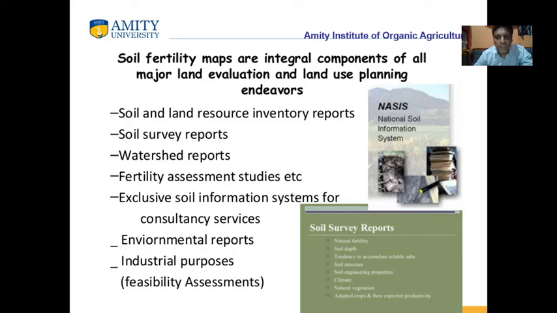So NASIS stands for National Soil Information System, and accordingly these soil survey reports are prepared. Not only soil survey reports but watershed management, fertility assessment, soil information, environmental reports, industrial purposes, all are highlighted.